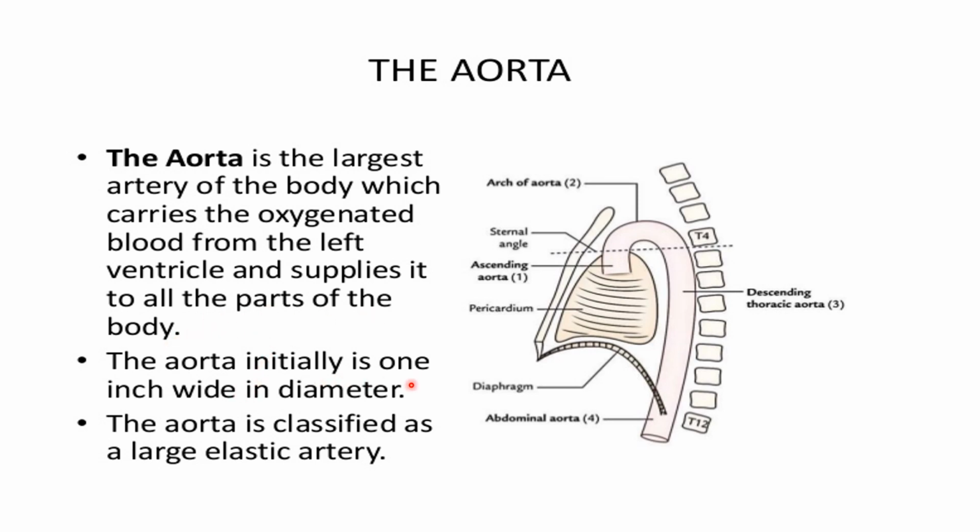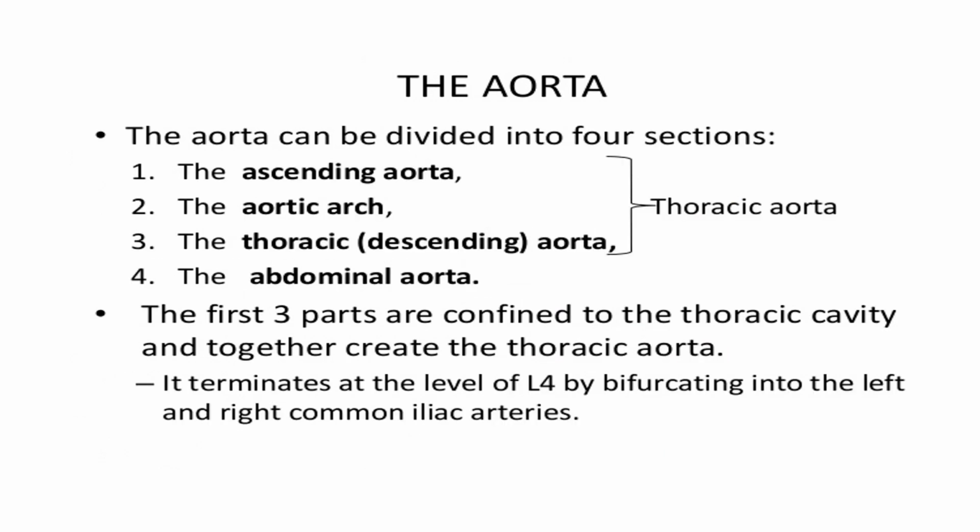The aorta initially is 1 inch wide in diameter. The aorta is classified as a large elastic artery. This we have studied in the histology of blood vessels: an example of an elastic artery is the aorta. Next, the aorta can be divided into 4 sections: ascending aorta, aortic arch, thoracic aorta, and abdominal aorta.